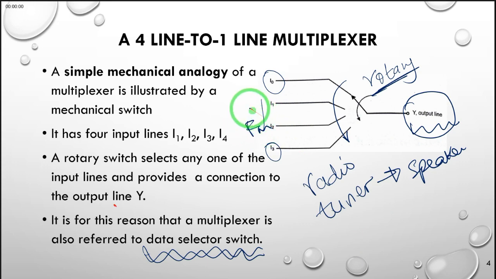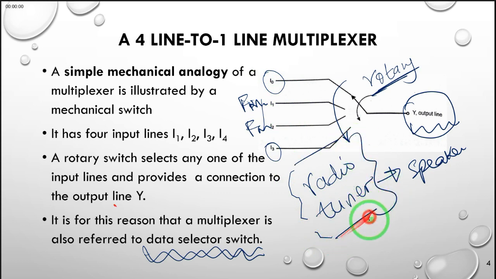We have FM 101, FM 102, all the possible FM stations that the radio may receive. But the tuner acts as a multiplexer, selecting one of the many inputs available at the radio receiver. That is the basic, simple mechanical analogy of a multiplexer.